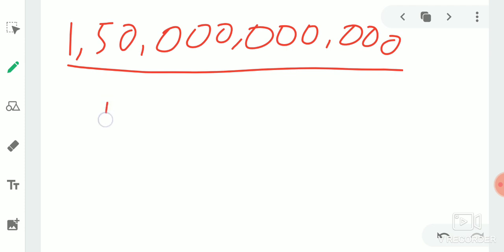We can write this as 1.5 multiplied by 10 raised to power 11.